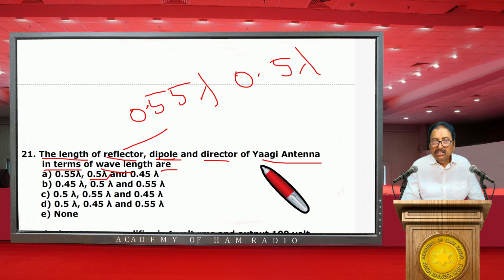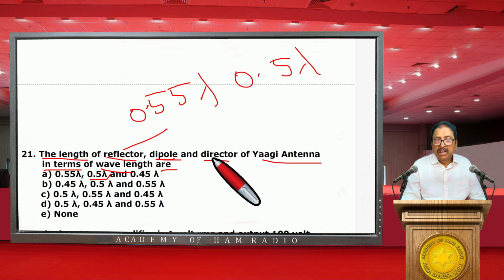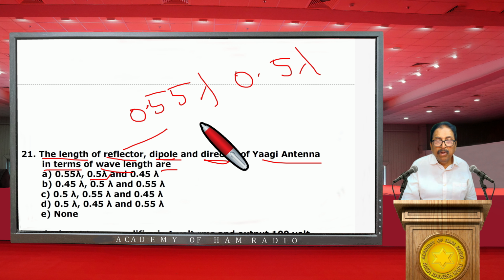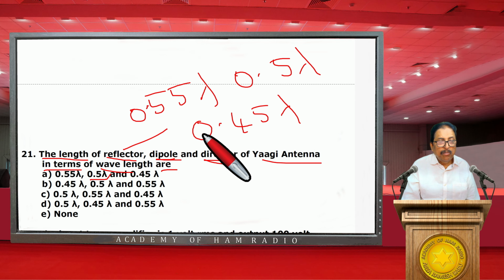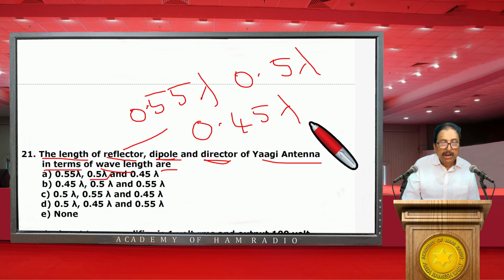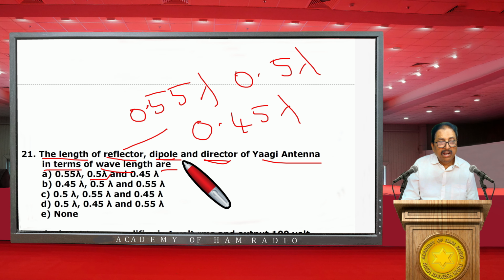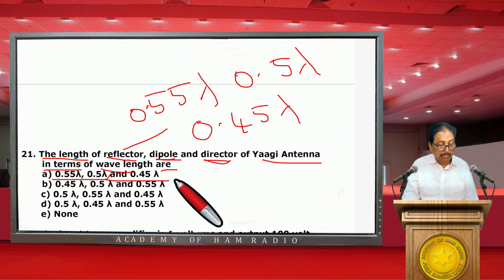And the director is a small one, 0.45 lambda. So in this sequence, 0.55, 0.5 lambda and 0.45, reflector, dipole and director. Alpha is the correct option.